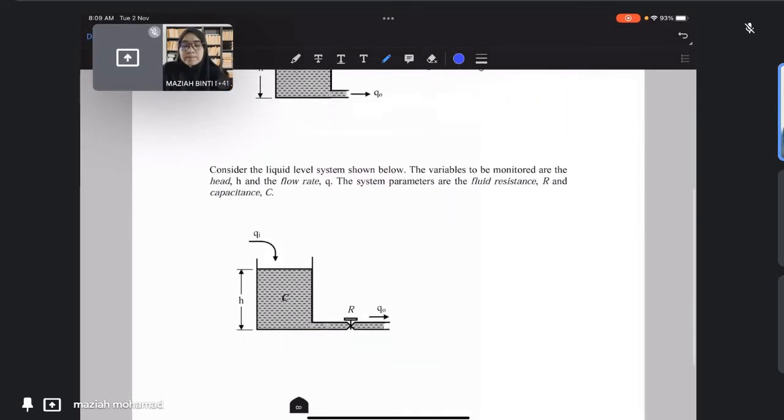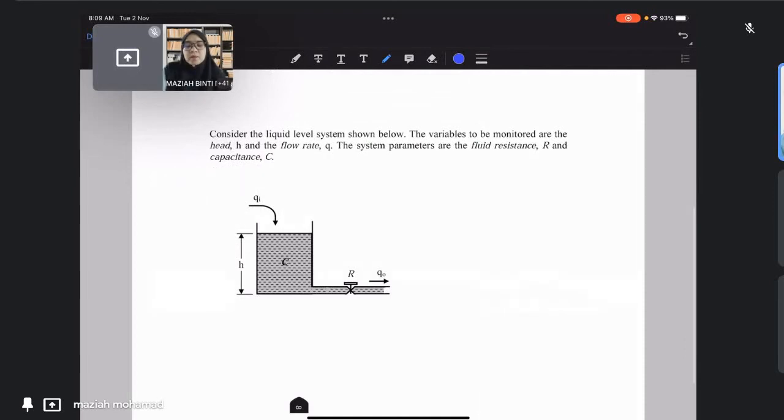All right, so let's consider the system here. There is one tank. Qi is the input flow rate, Q naught is the output flow rate.